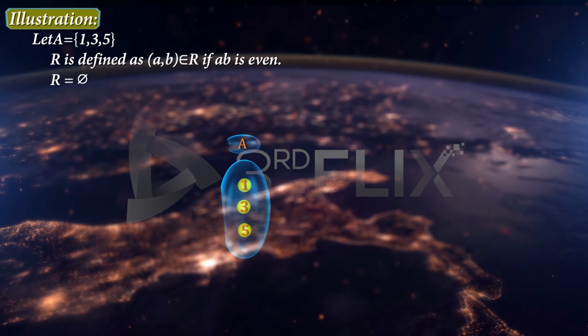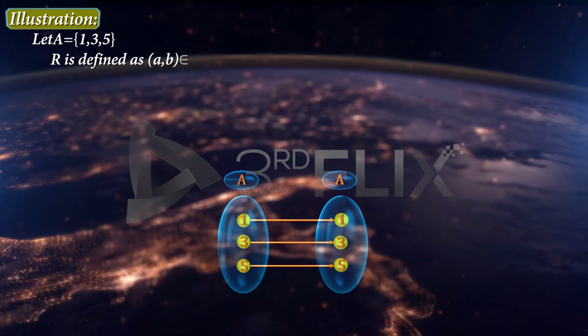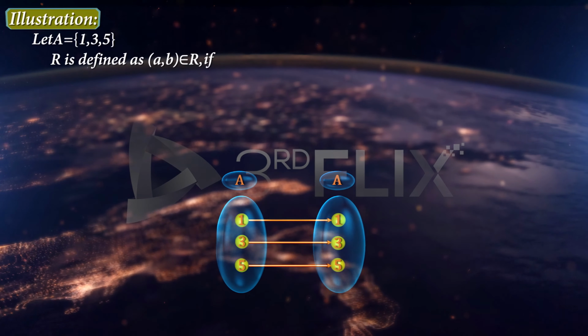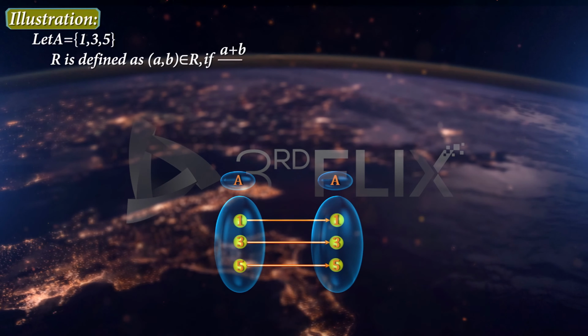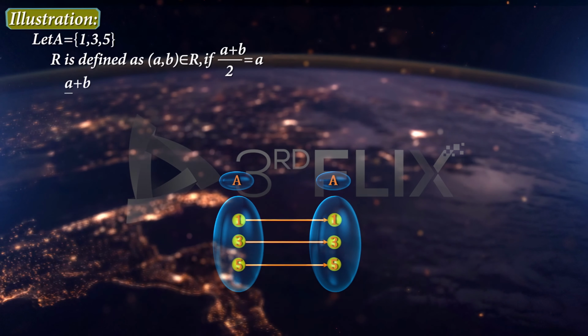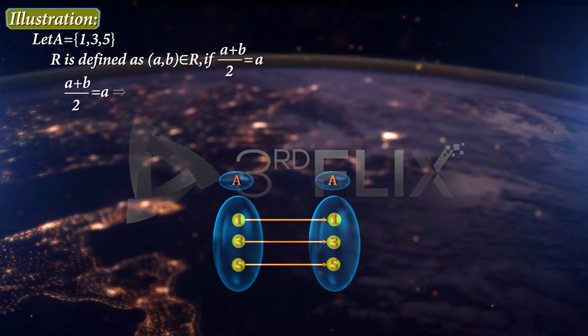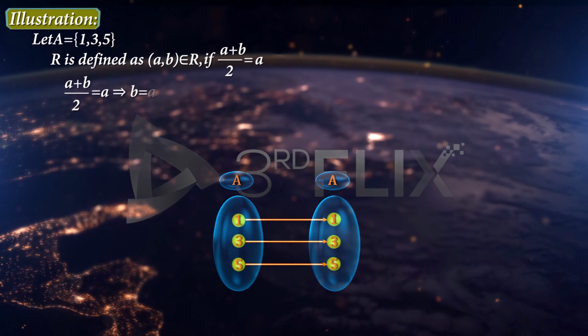R equals phi. R is defined as (a, b) belongs to R if (a plus b) by 2 equals a. Consider (a plus b) by 2 equals a, which implies b equals a.